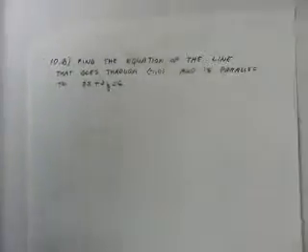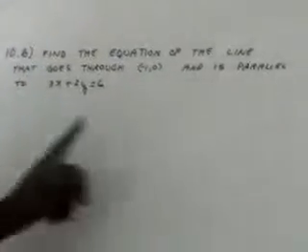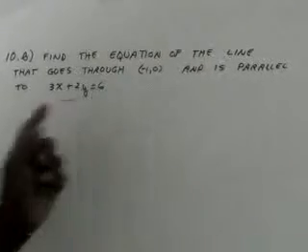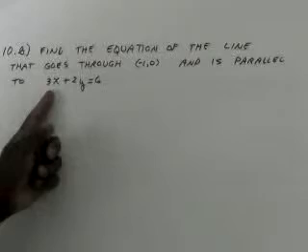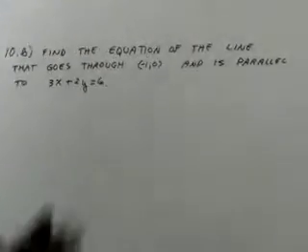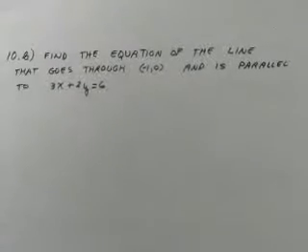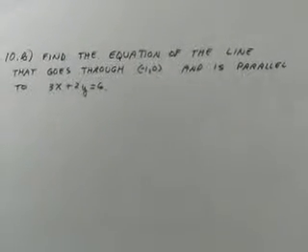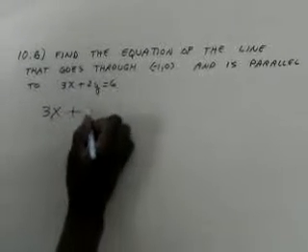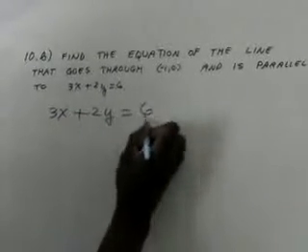Problem 10b, find the equation of the line that goes through the point -1, 0 and is parallel to the given line 3x plus 2y equals 6. Now this equation is in standard form, but we need to find the slope of it. 3x plus 2y equals 6.